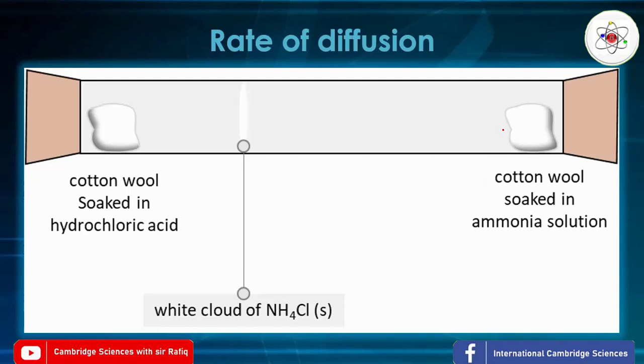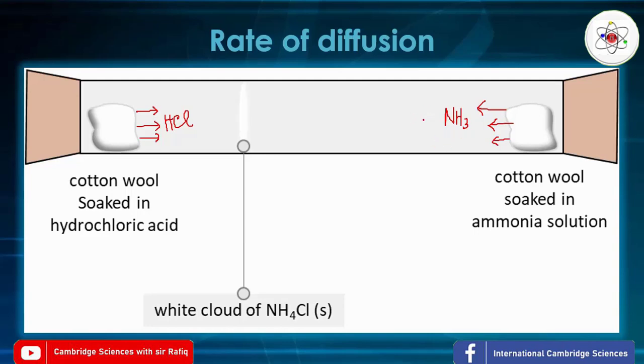Particles of ammonia will start moving in the form of vapors towards the opposite end, because this is the area of high concentration for ammonia and this is the area of high concentration for hydrogen chloride gas, so HCl. We will see which particle moves faster.